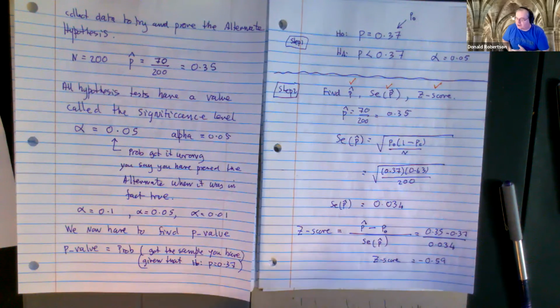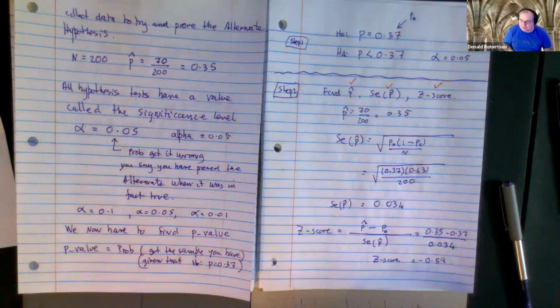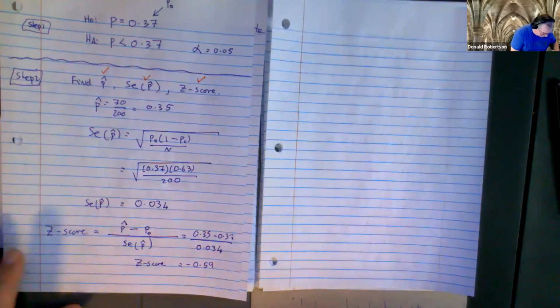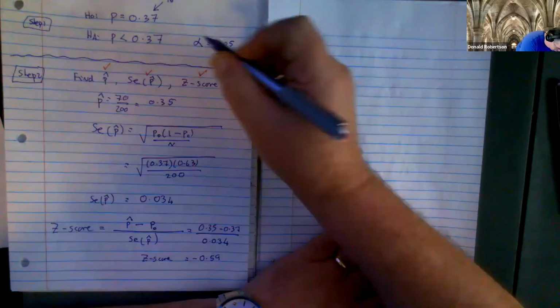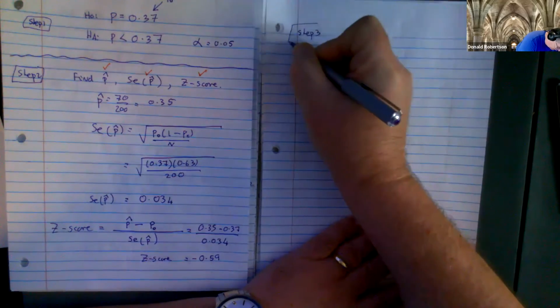Nah. 0 point something? Definitely not. So I'm already suspicious that we haven't managed to prove it. But the process continues. My gut feeling is that we're not going to be able to show that this is strong enough evidence. So here is step 3.